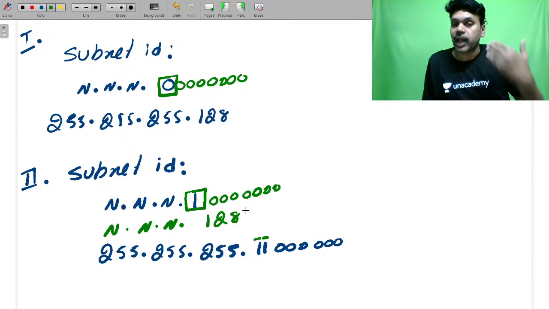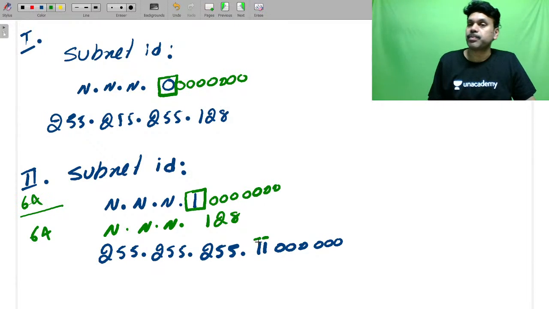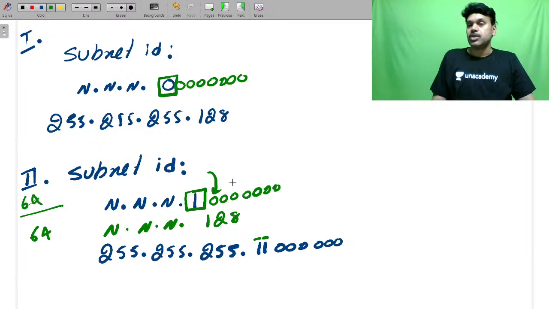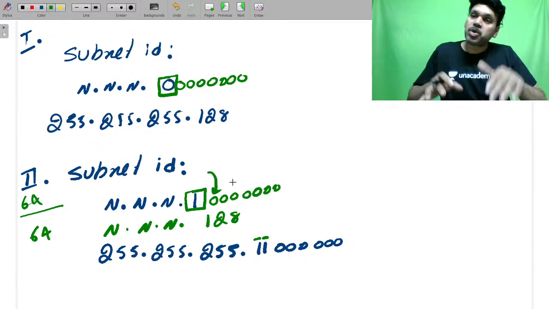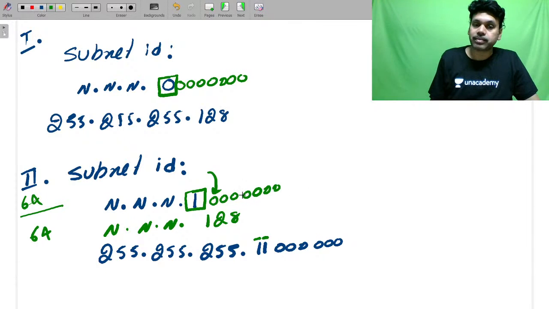Hold on. Now this second group is further divided into 64 and 64. Therefore, the second bit is also going to perform subnetting. So again you need to perform innermost subnetting, so you take 2 power 1 combinations.